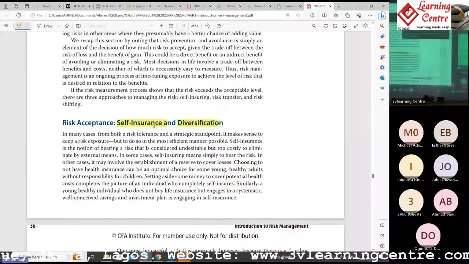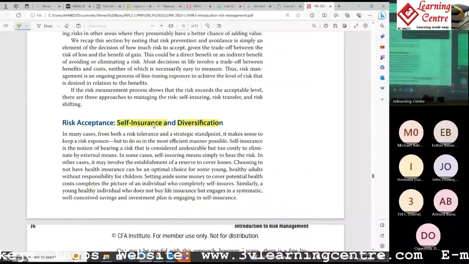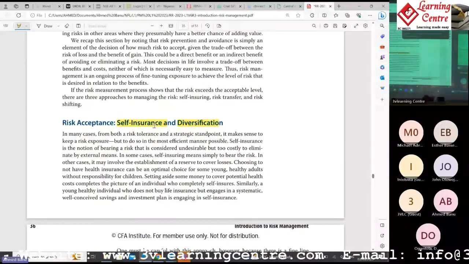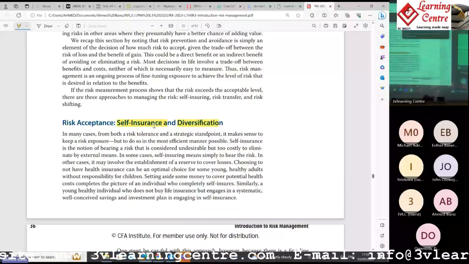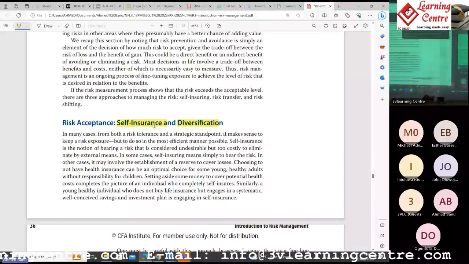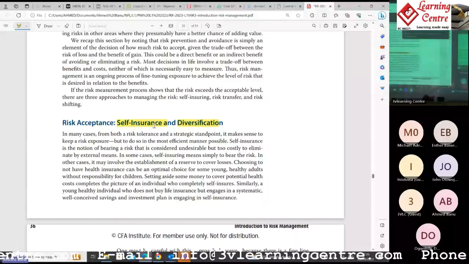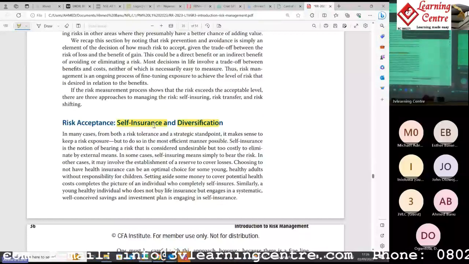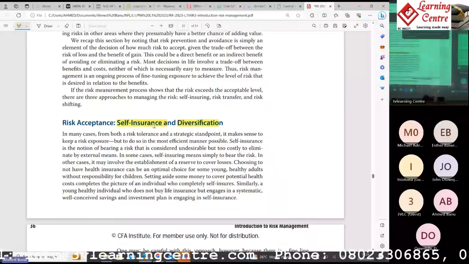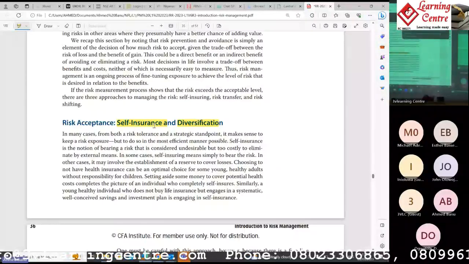Self-insurance is where I make provisions, which is what banks do. For non-performing loans, the risk that they are exposed to, they make provisions such that when those non-performing loans crystallize, they've already taken provision for it.